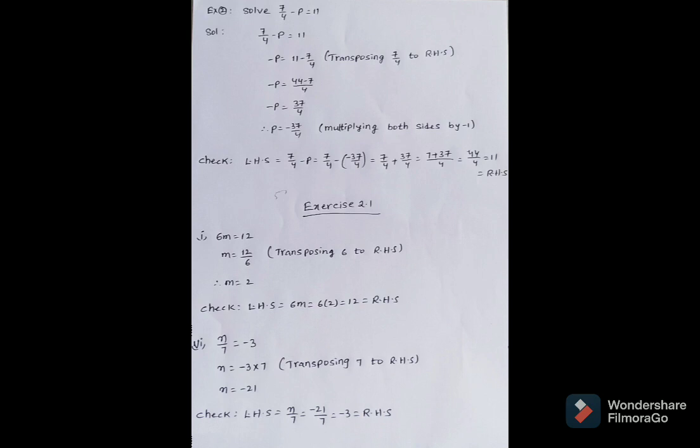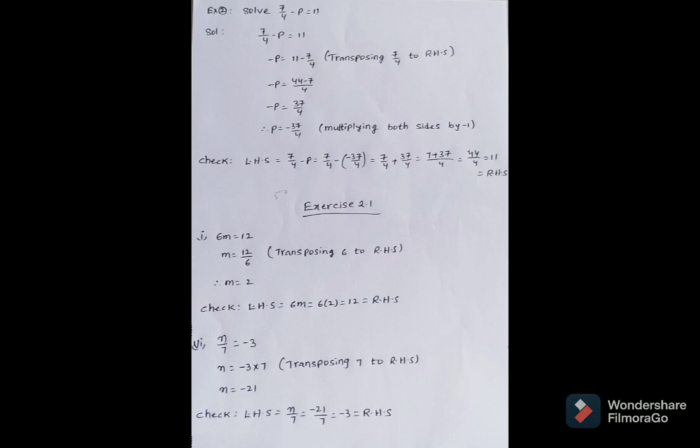Next, sixth problem. n by 7 is equal to minus 3. n divided by 7 is equal to minus 3. Here we observe that in LHS, n is divided by 7.